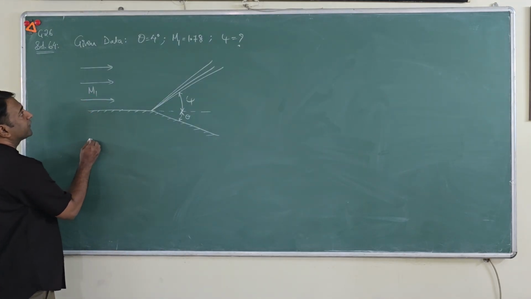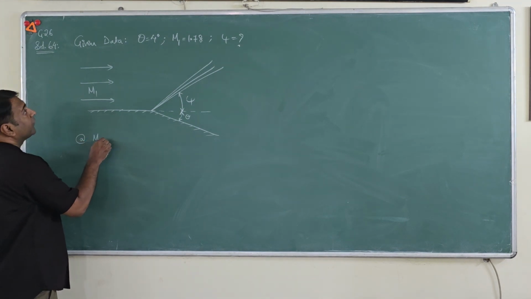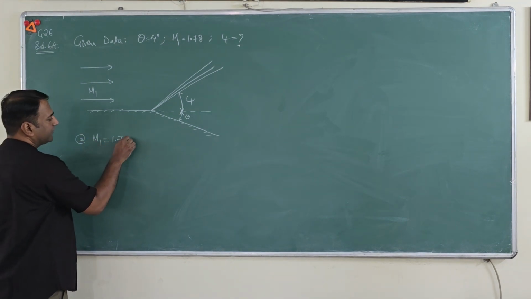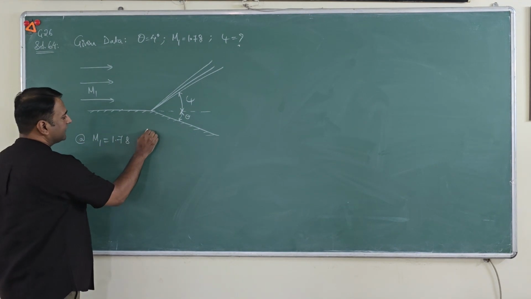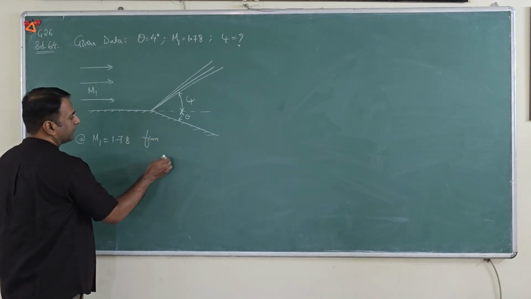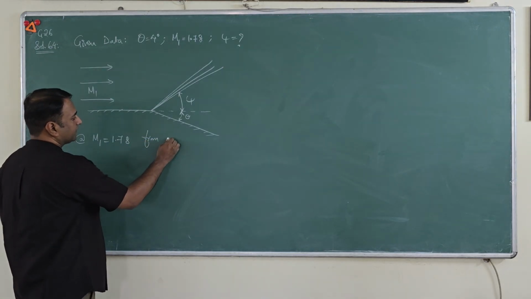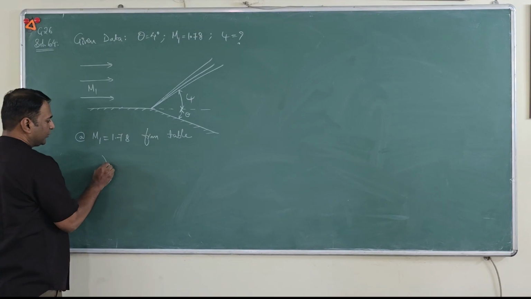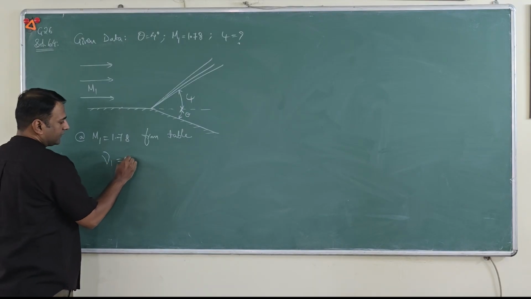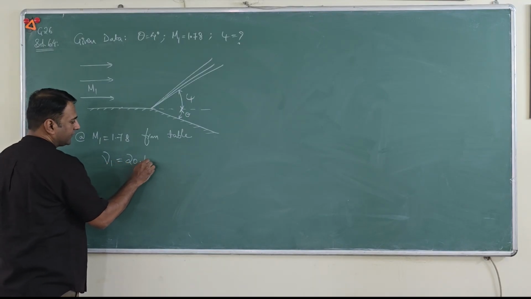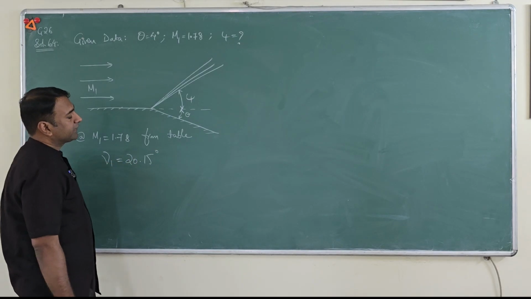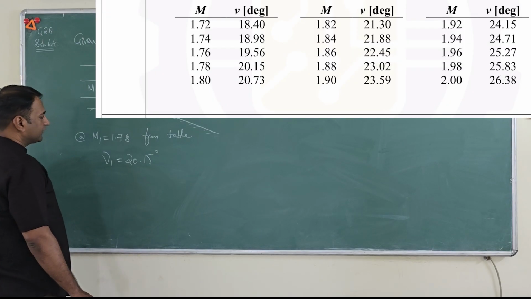So the Prandtl-Meyer function for the given condition at M1 equals 1.78, from the isentropic tables, nu1 is 20.15 degree, from the tables that are given in the question.